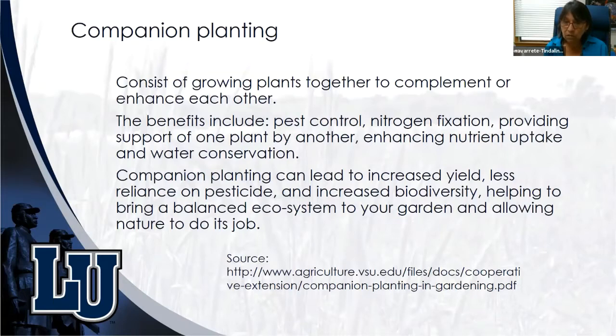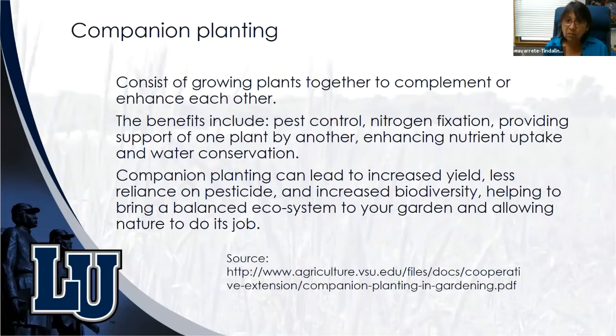Some of the benefits: they help with pest control. If you put a mint or marigold that deter insects, that would be their job. Nitrogen fixation could be beans, or even some native plants like partridge pea.